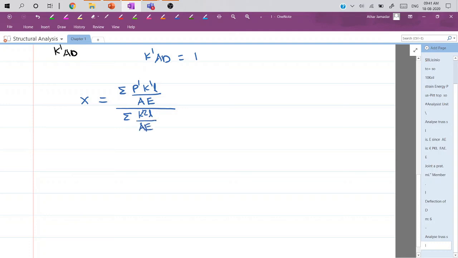In the problem it is given that the area of all members is the same, E is also going to be the same. So this AE will get cancelled out. Now the formula for X is summation of P dash K dash into L divided by summation of K square L.